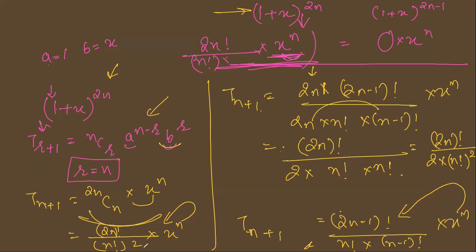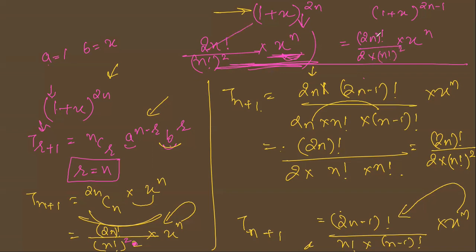Wait, there is some mistake I have made. Okay, this is, sorry, it is n factorial whole square, not multiplied by 2, sorry. I got confused through my writing only. So it will be n factorial whole square. And what is the coefficient you have found for this one? For this one, you have found 2n whole factorial divided by twice of n factorial whole square.